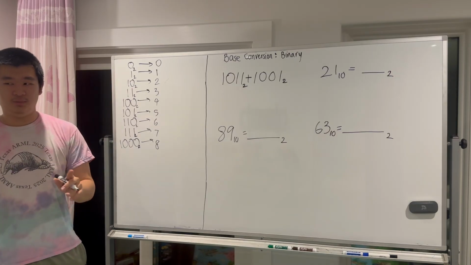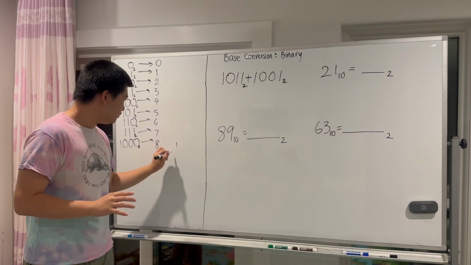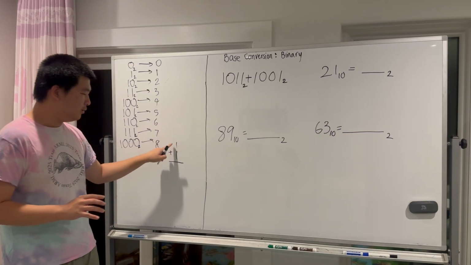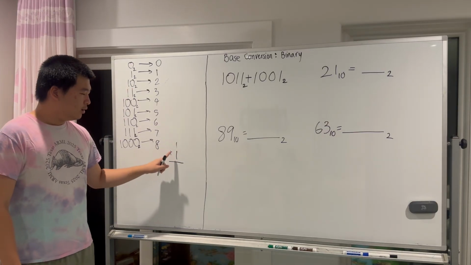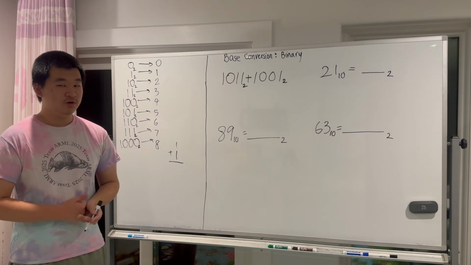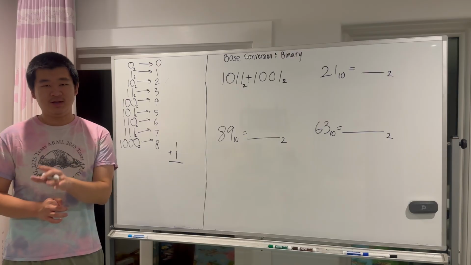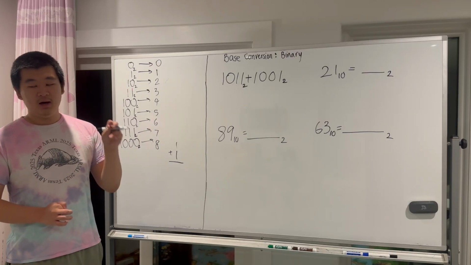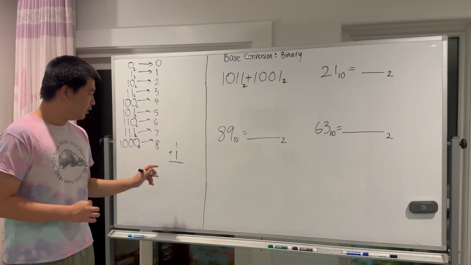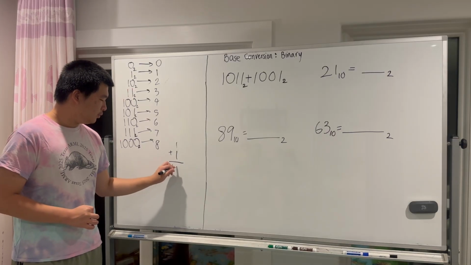What is 1 plus 1 equal to? Now, normally you would write 2 because 1 plus 1 equals 2, but this is base 2. Just like how we can't have 10 in one digit in base 10, we can't write 9 in base 9, we can't write 2 in base 2. So what do you do? You have to write 1, 0.